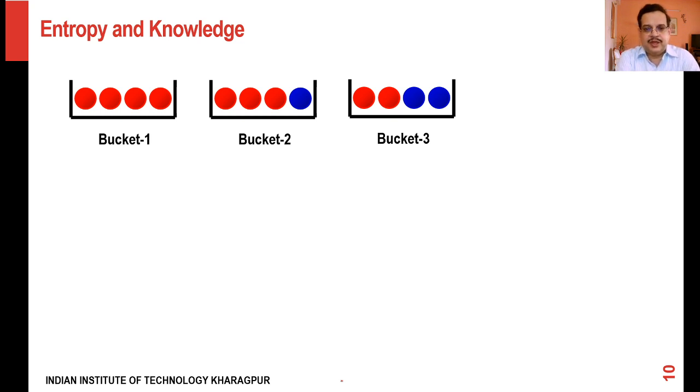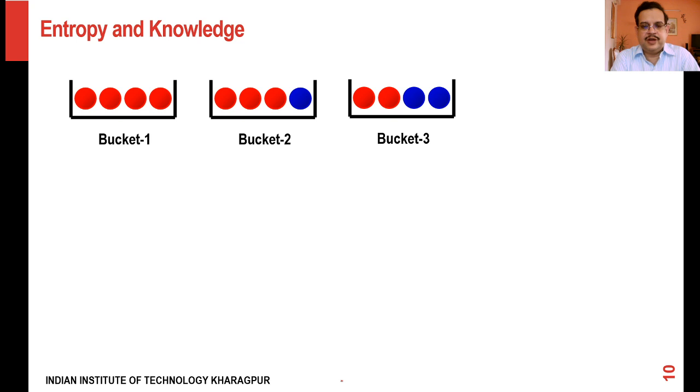Entropy and knowledge are very closely related. We will try to understand entropy by looking at a simple example to see how statistically we can derive it. Here you can see there are 3 buckets.